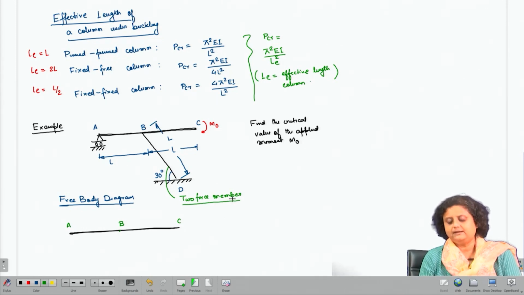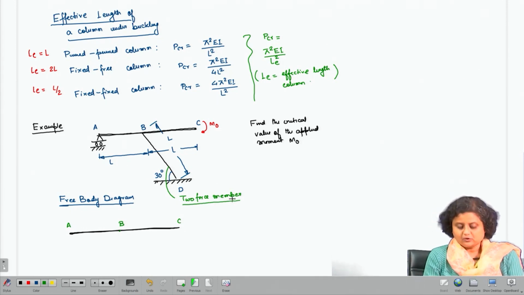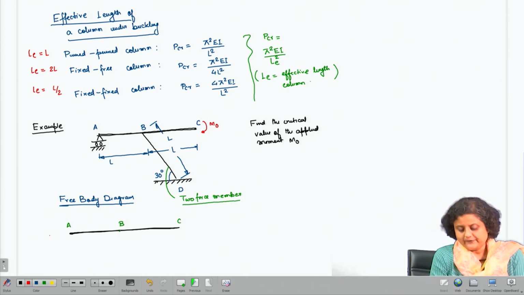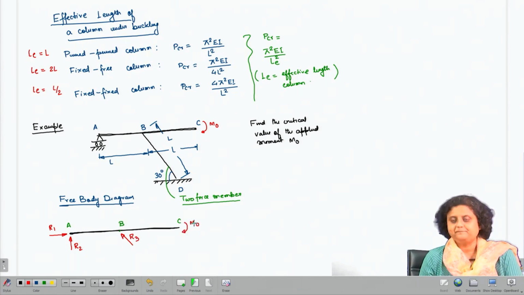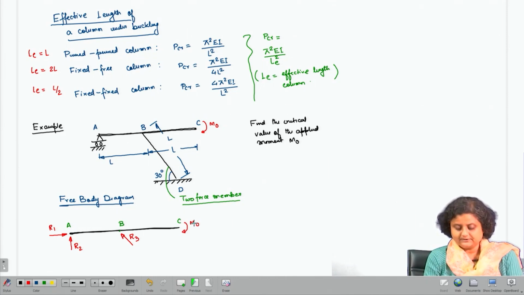So, certainly this is a two force member. Using this idea, the two reactions at A are R1 and R2, and the reaction at B is going to be R3. And there is this applied moment m0 at C. So, this is the free body diagram of the portion ABC.